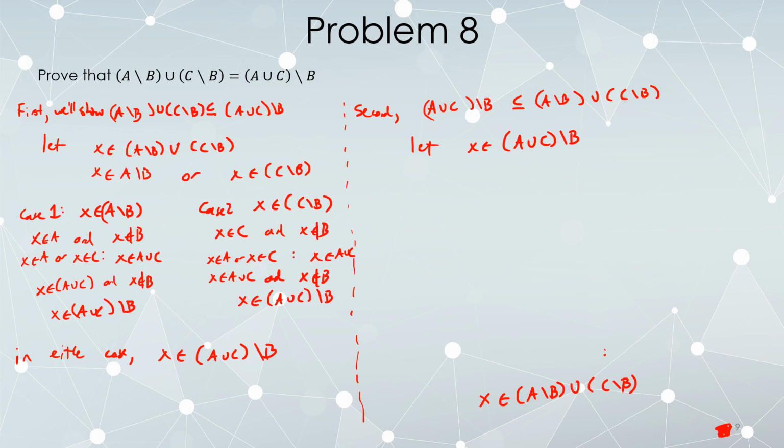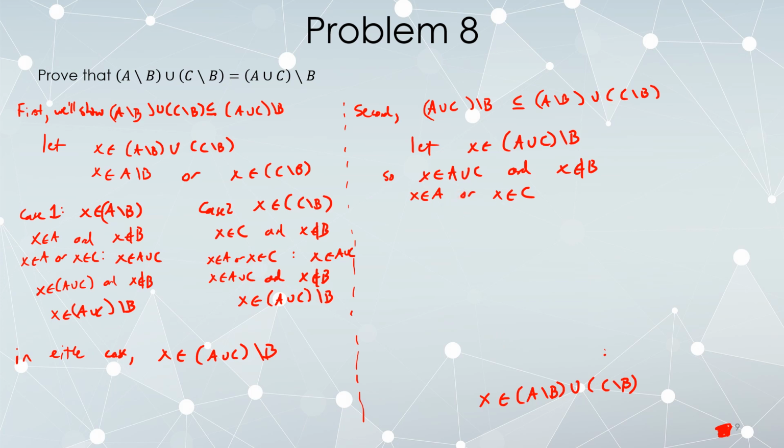All right, what's the definition of x is an element of A union C minus B? That x is in A union C and it is not in B. If x is in A union C, it's in A or it's in C. Okay, I've got a conclusion I know I'm working towards, and I have this disjunction here.